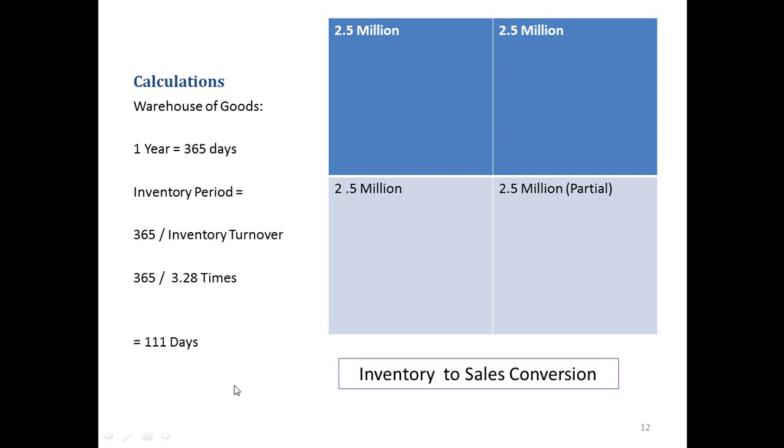So 111 days. That's inventory to sales. So it took 111 days to go from inventory to sales. That's the conversion period. So this was all sold, all that was turned over, and a partial was turned over here, 0.28.